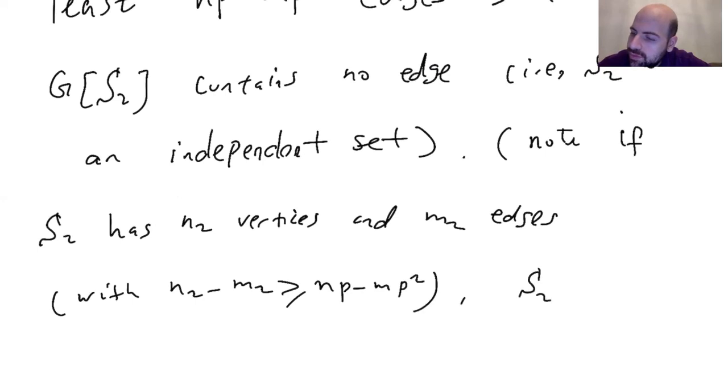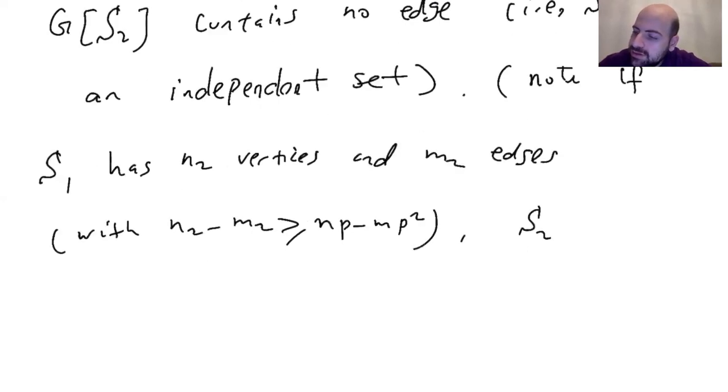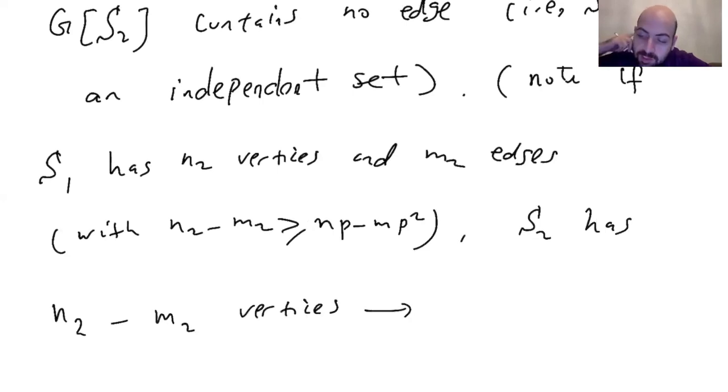S2, so if the original S1 has this many vertices and this many edges, how many vertices does S2 have? It has N2 minus M2 vertices, because we are deleting one vertex corresponding to each edge.